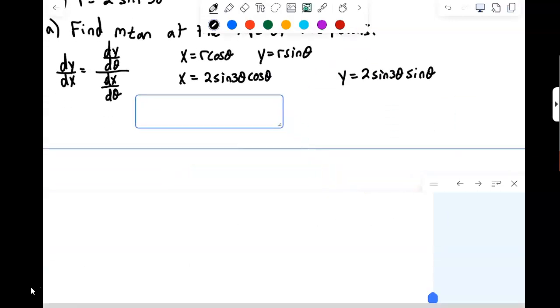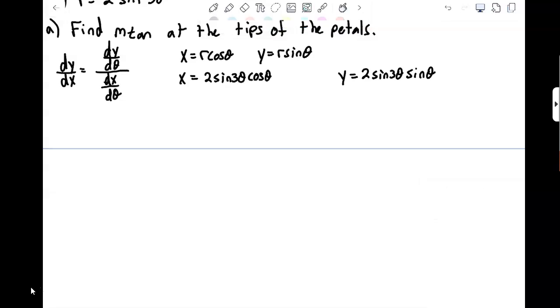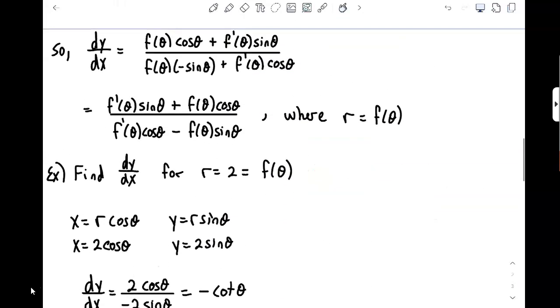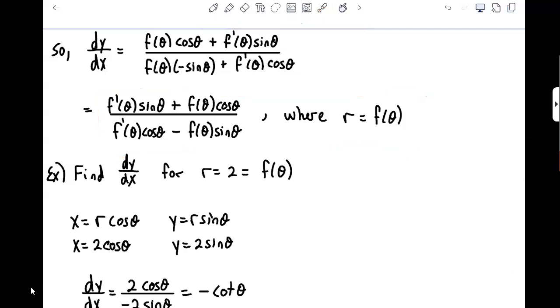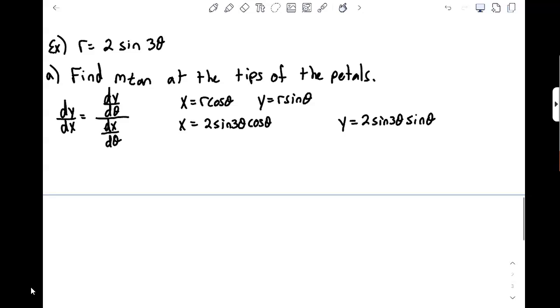Okay, so those are going to be our functions. And then again, we can derive, if we need to, the formula. Or in this case, I'm just going to use the fact that for parametric equations, I just need to do the derivative of that over the derivative of that.